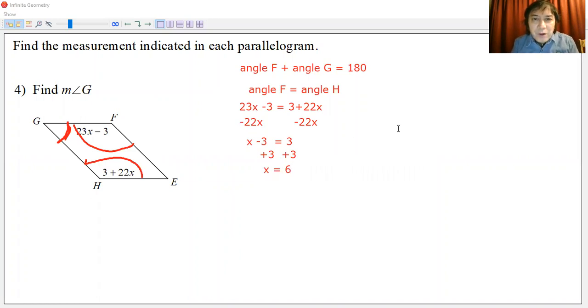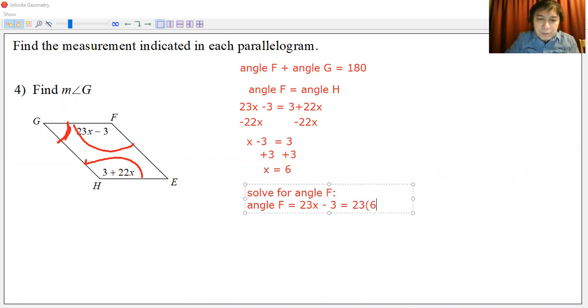So we know our x. We can now solve for our angle F. Angle F is equal to 23x minus 3, and this is equal to 23 times 6, and then minus 3.